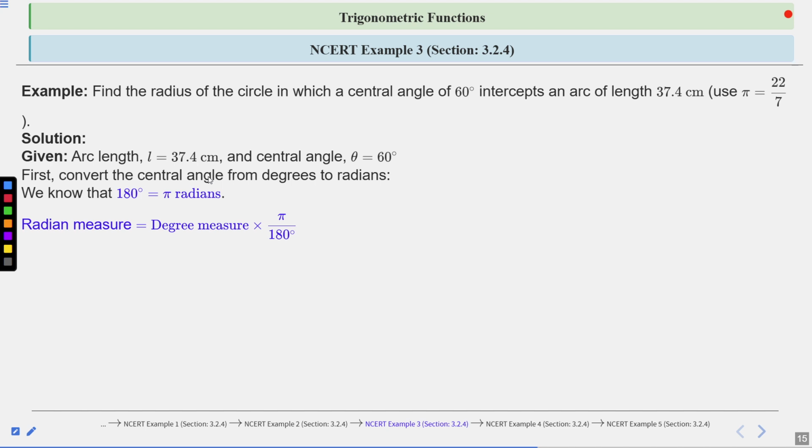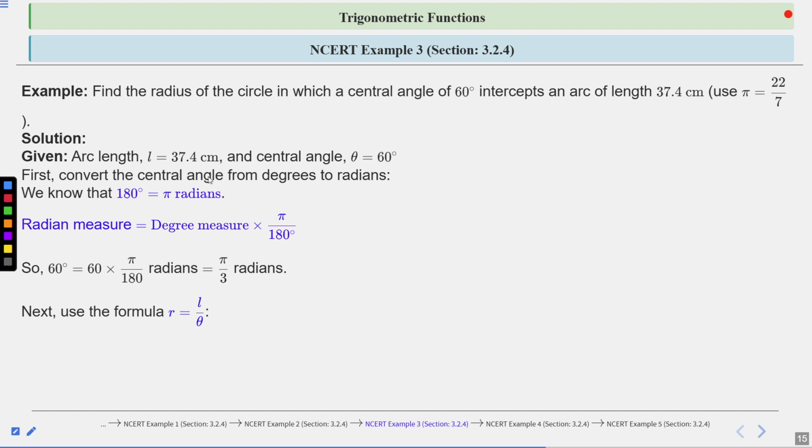So the formula is radian measure is equal to degree measure times pi by 180 degrees. From the given information, the degree measure is simply your 60 degrees. So your radian measure is 60 times pi by 180 radians. So 60 degrees is equal to pi by 3 radians.